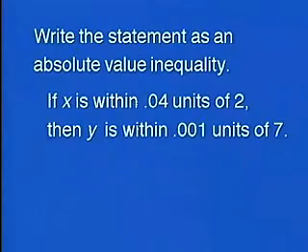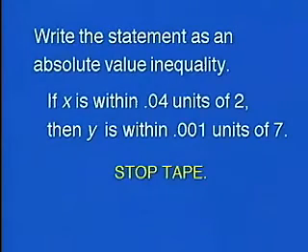Now, let's take a look at this problem where we would like you to write this statement as an absolute value inequality. We're going to pause the tape and see what you can do with this.